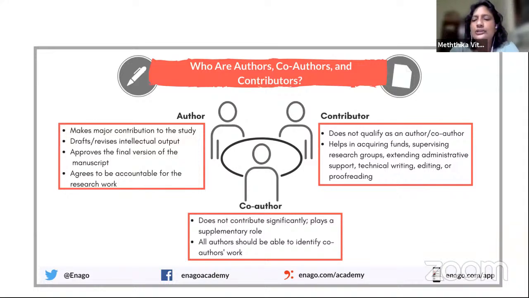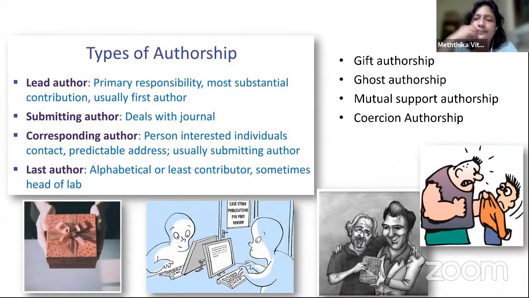But who is the first author? Right? The first author is the lead author who does the experiment, who writes the first draft. That is the lead author. So if you do the experiment and you write the paper, the first draft, you will be the lead author.